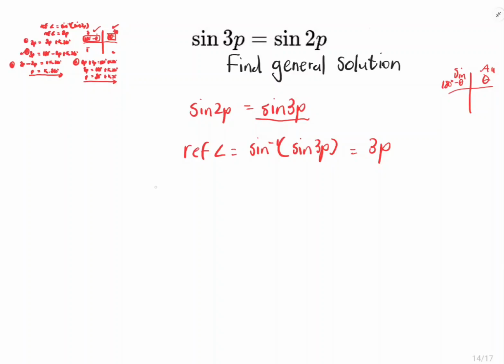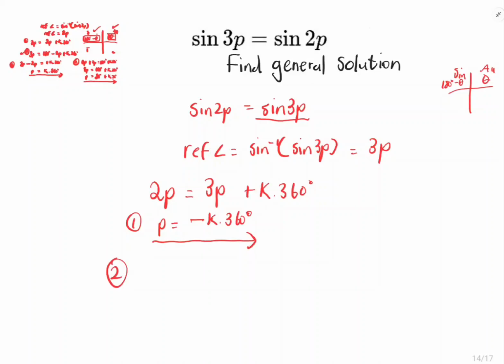So let us go ahead and say 2p is equal to, firstly, 3p plus k dot 360. And now if we transfer things, we're going to get p is equal to negative k dot 360 degrees. That would be our first solution.